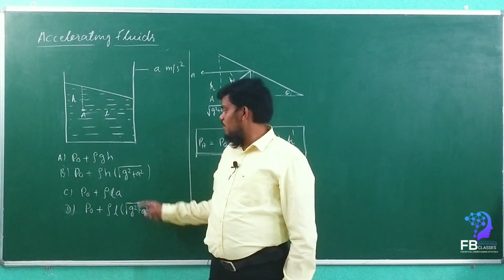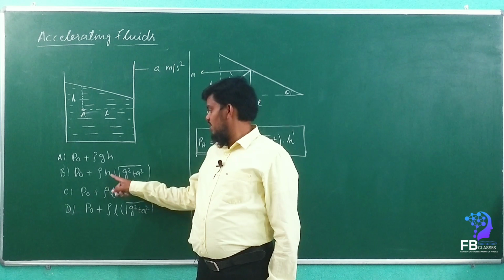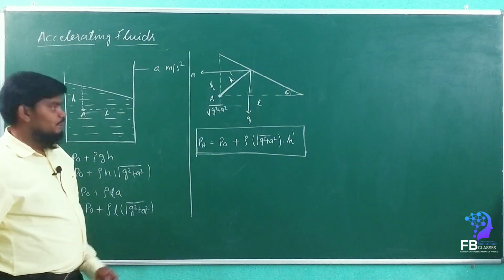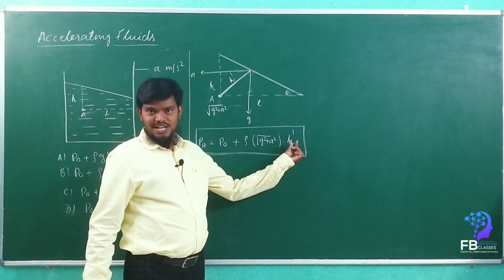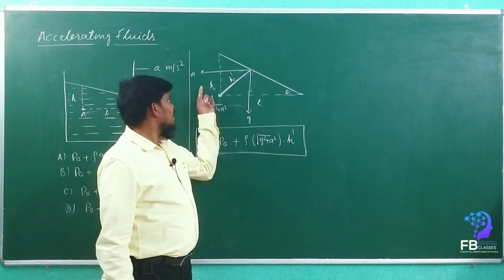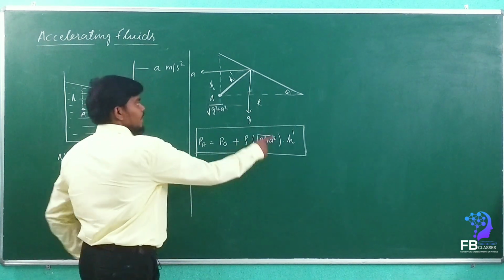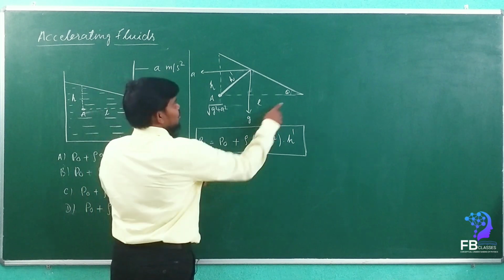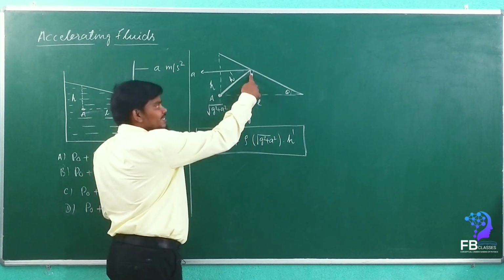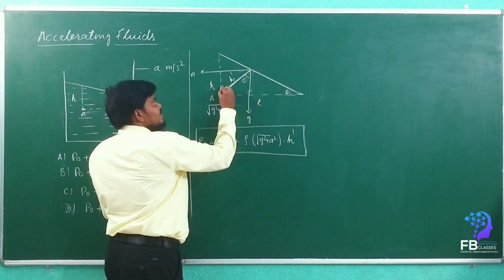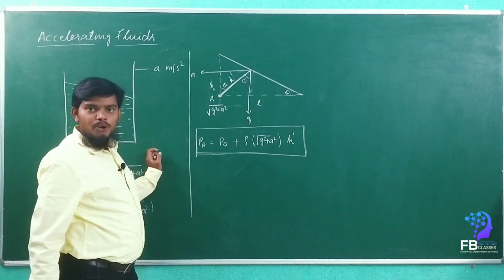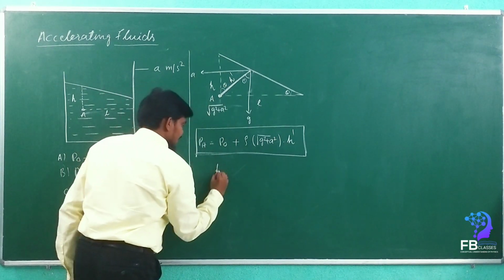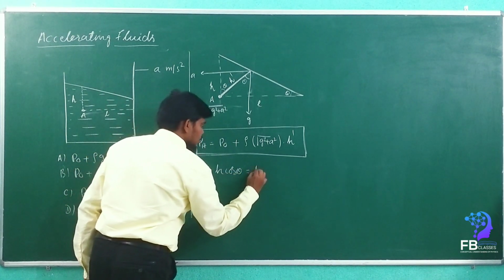But the options are not given in the form of h dash. The options are given in the form of h and L. So instead of h dash we have to write in terms of h or L. If this angle is theta, this is 90 minus theta, then this is theta. So h cos theta is equal to h dash.